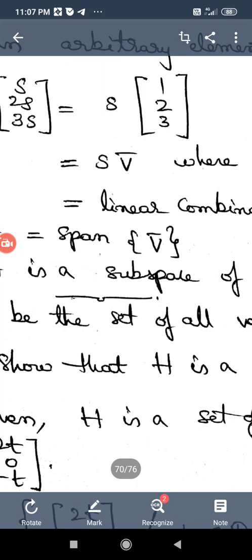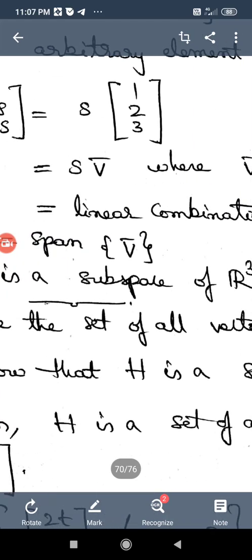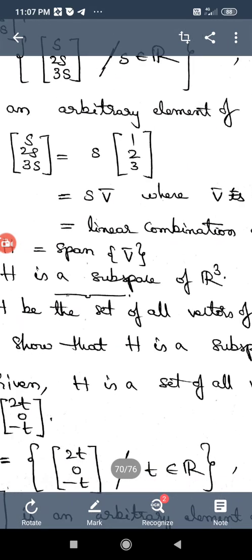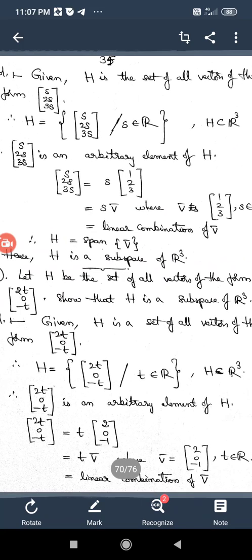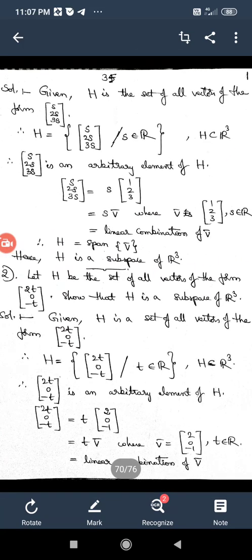Whatever column vector we get after taking s in common, or s as a scalar outside of that column vector, that column vector is (1, 2, 3), and that vector I am representing as v bar. So v bar is (1, 2, 3), and s is a real number.